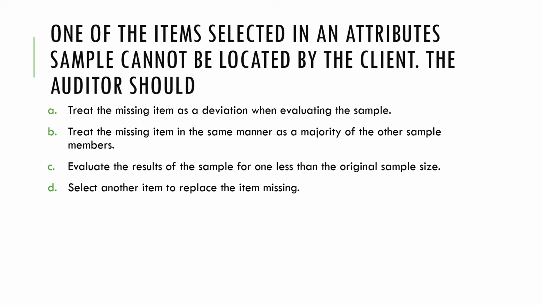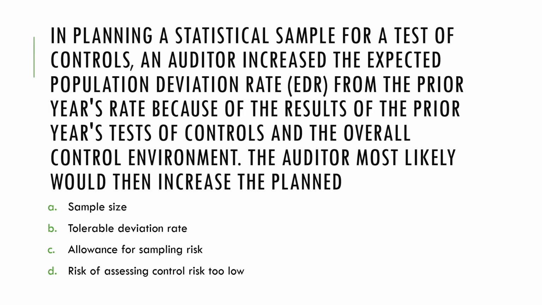So generally, if an item is missing, the auditor has to investigate why it is missing. If the auditor cannot perform alternative procedures, then the auditor will treat the missing item as a deviation when evaluating the sample. So that's A. So look for the missing item, investigate why it's missing, and then endeavor to perform alternative procedures. Otherwise, treat it as a deviation.